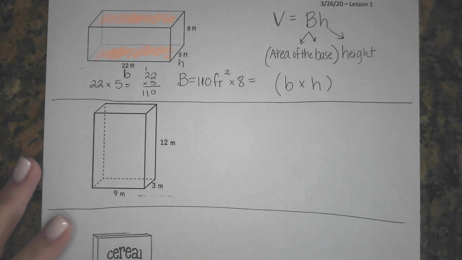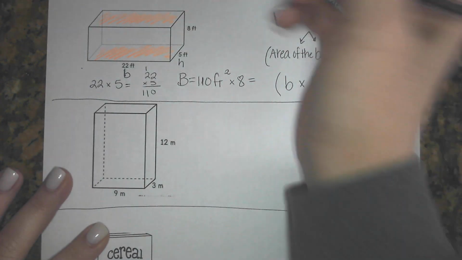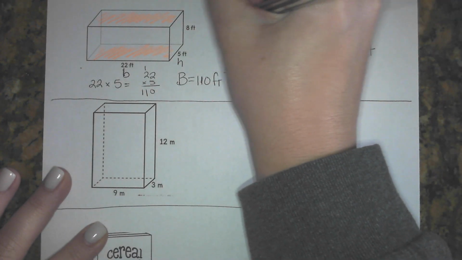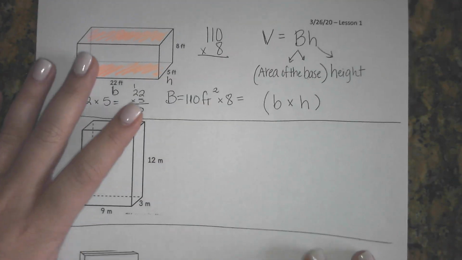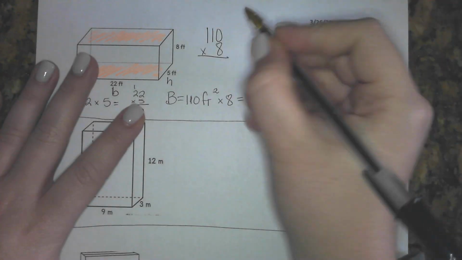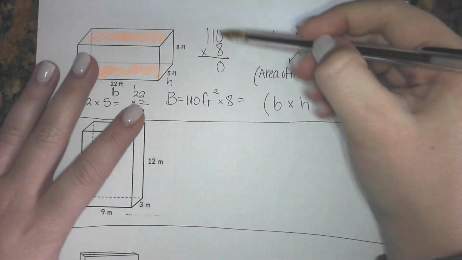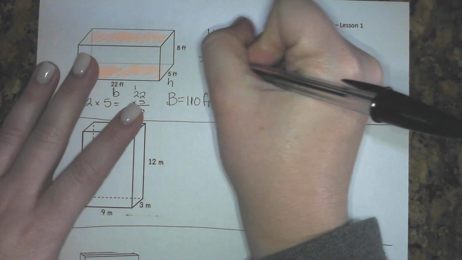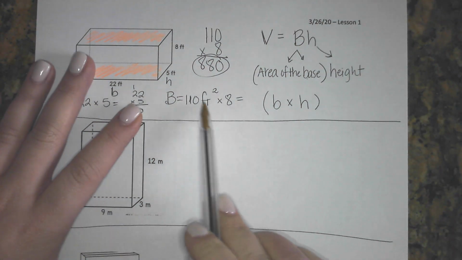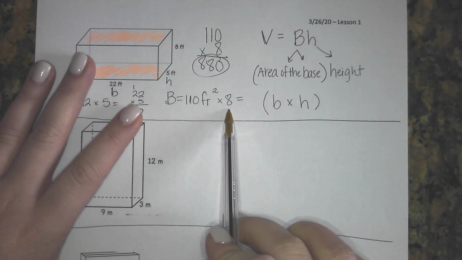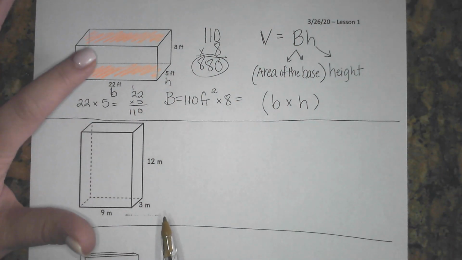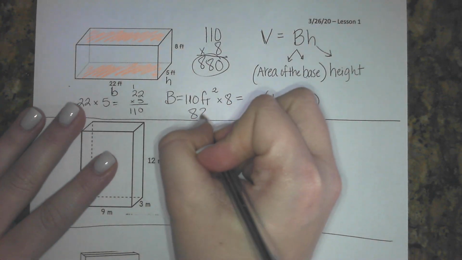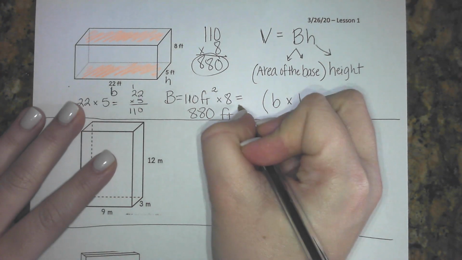I kind of got a little messy over here, but I'm just going to go up here and do 110 times 8. So 0 times 8 is 0. 1 times 8 is 8. And 1 times 8 is 8. So I've done my area of the base, big B, times my height. The total volume of this rectangular prism is 880 feet cubed.